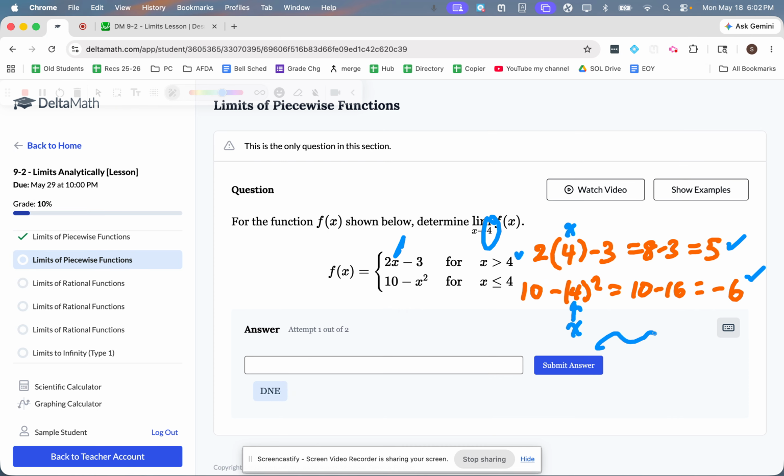One is headed toward 5, and I guess that's the top one. From the right-hand side it is headed toward 5, or that should be an open circle, and from the left-hand side it is headed towards -6. They're different.